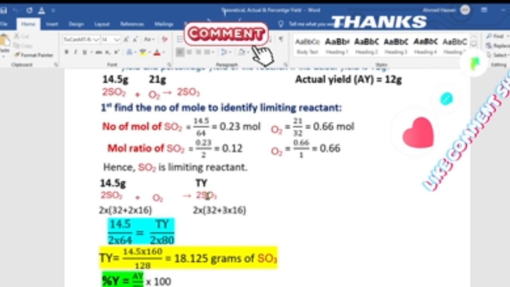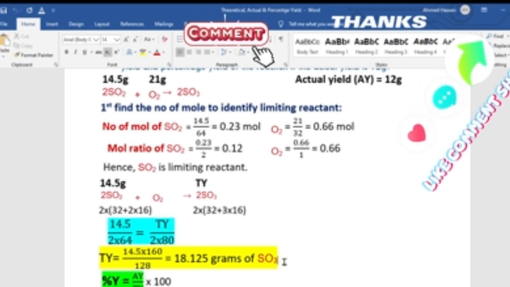The theoretical yield is calculated first. It is 14.5 over the molar mass times the coefficient 2 of sulfur dioxide, so the theoretical yield is equal to 14.5 times 160 divided by 128, which is 18.125 grams of sulfur trioxide theoretically produced.